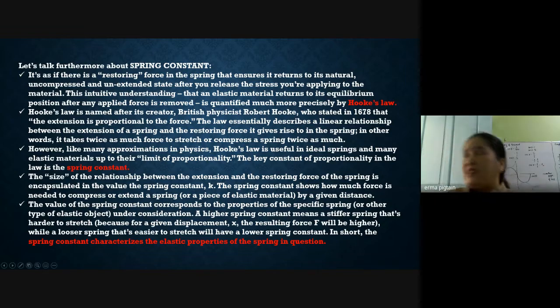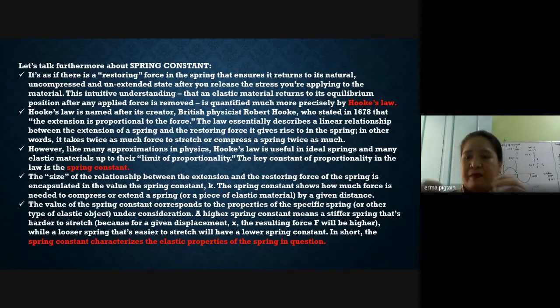The law essentially describes a linear relationship between the extension of a spring and the restoring force. In other words, it takes twice as much force to stretch or compress the spring twice as much. Okay, so example niyan kasi para lang mas mabilis niyo ma-visualize.